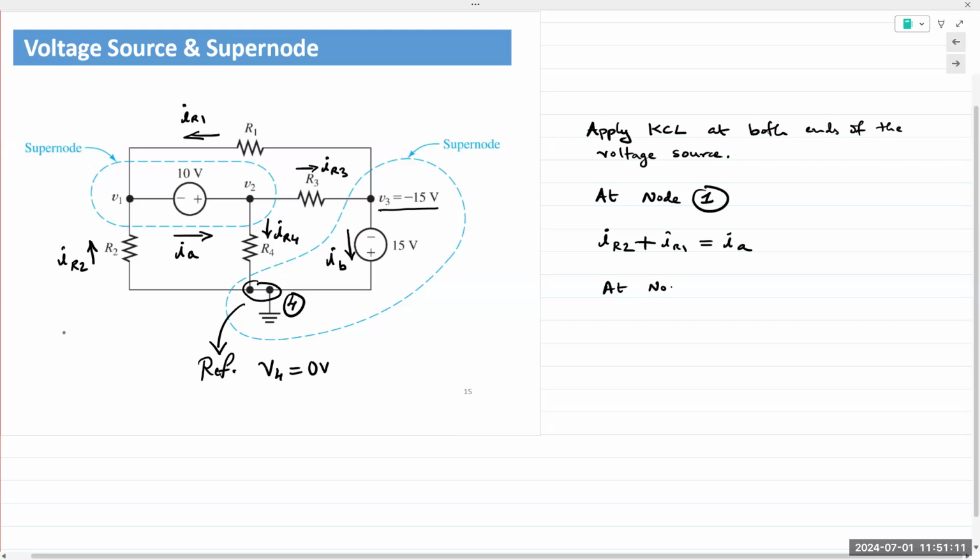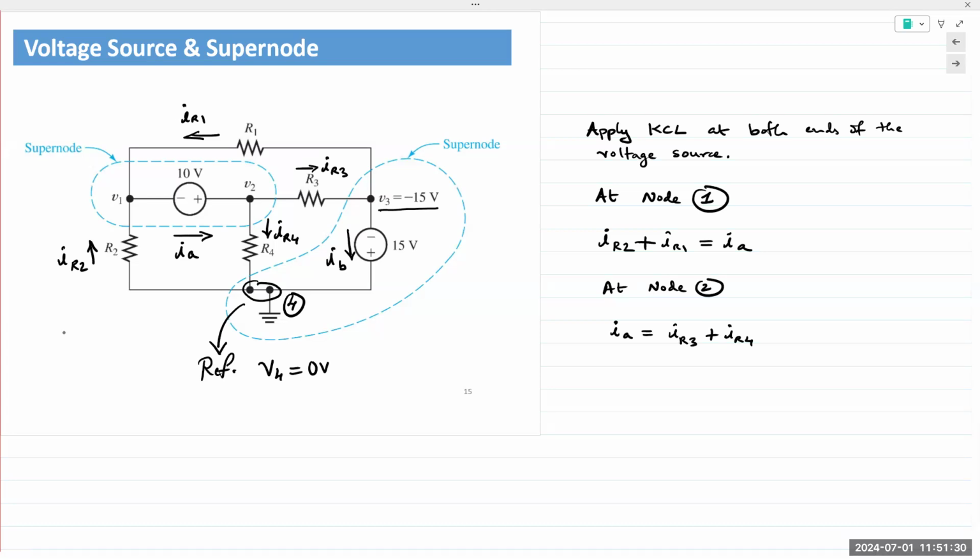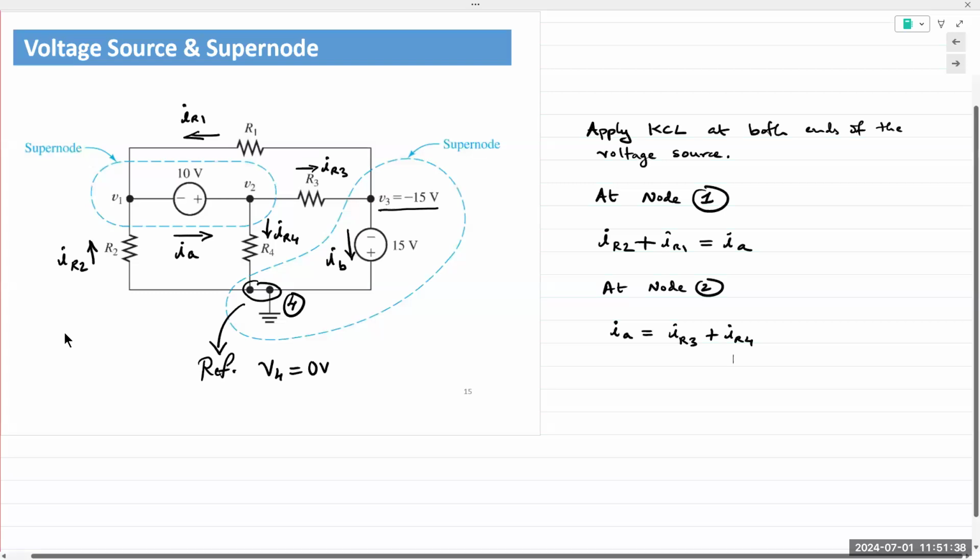At node 2, I have IA entering the node, and I have IR3 and IR4 leaving. Applying KCL at both ends of the voltage source, I have IR2 plus IR1 equals IA. And then at node 2, I have IA entering and IR3 and IR4 leaving.